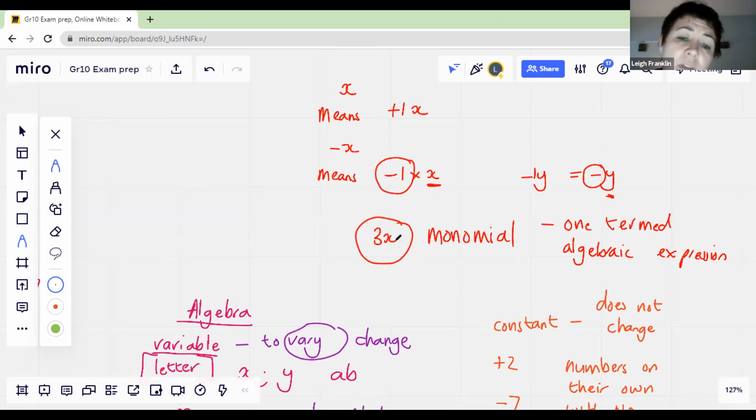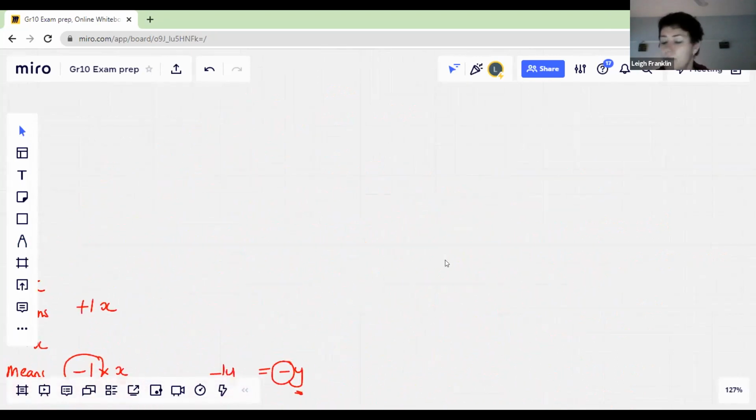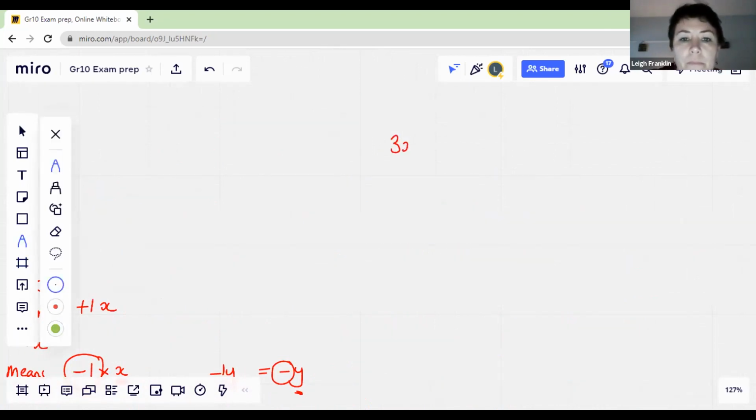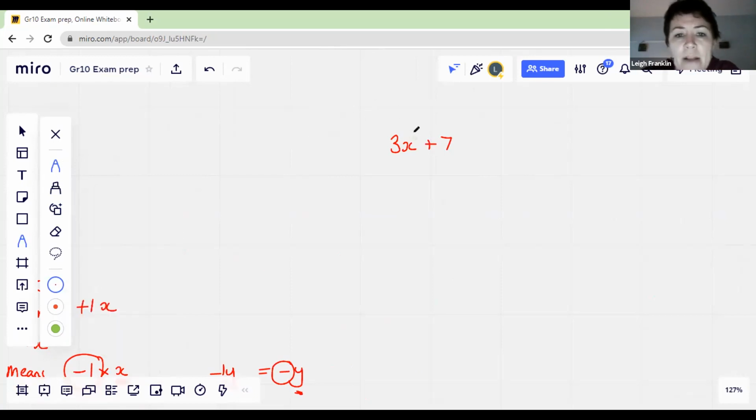The coefficient is 3, the variable is x. But I can take my 3x and add 7 to it. It's going to stay as 3x plus 7 because they're not like terms. And now I would call this a binomial.